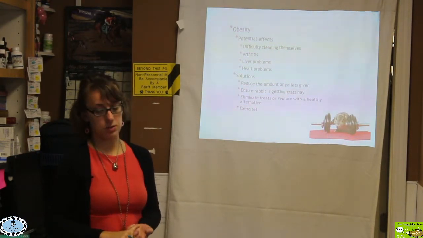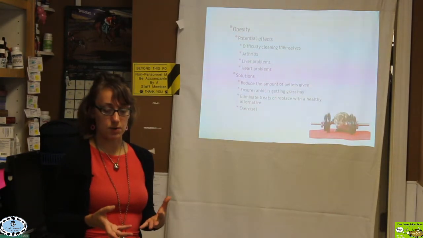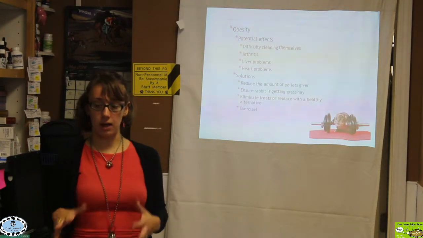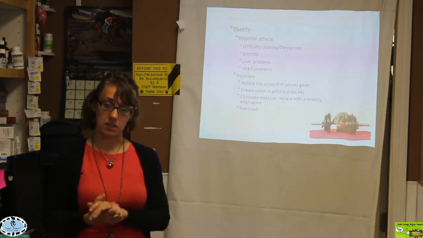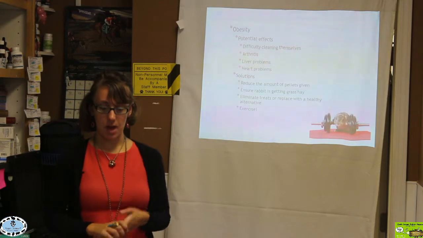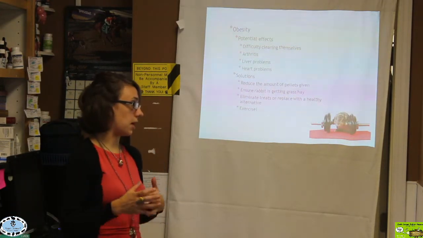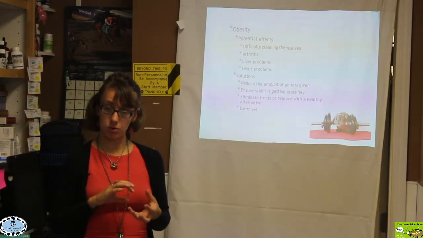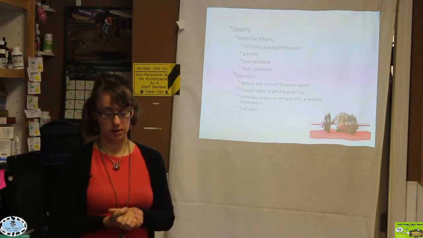Liver problems we do see because, if a rabbit goes through an episode of not eating well, the body starts to mobilize a lot of fat, and it can move a lot of that fat into the liver, making it so the liver doesn't function as well. Heart problems are also a potential problem, because you can have atherosclerosis, where you get hardening of the vessels.